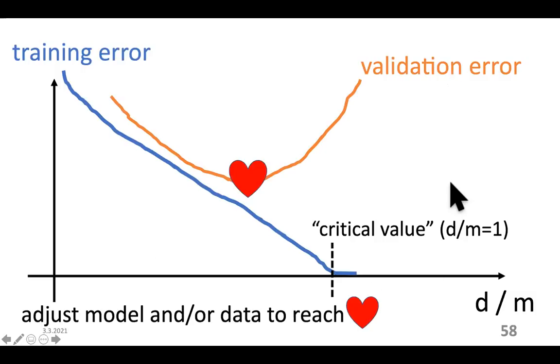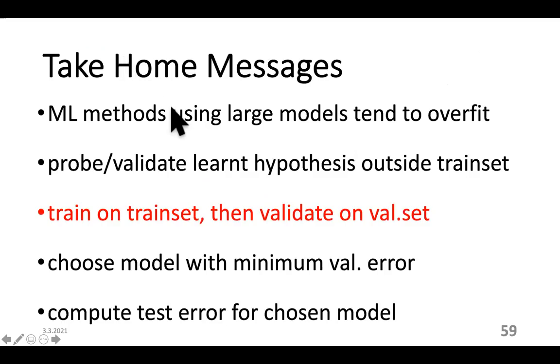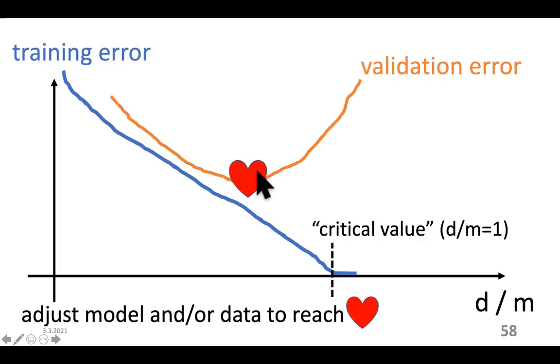Okay. So the general behavior is like this. If you use a model and compute the training error by minimizing the training error and then validate it, when you make the model larger, like you use polynomials with larger and larger degree, the training error goes down because you have larger and larger models which contain more and more hypothesis maps that can even better fit the training data than the smaller one.